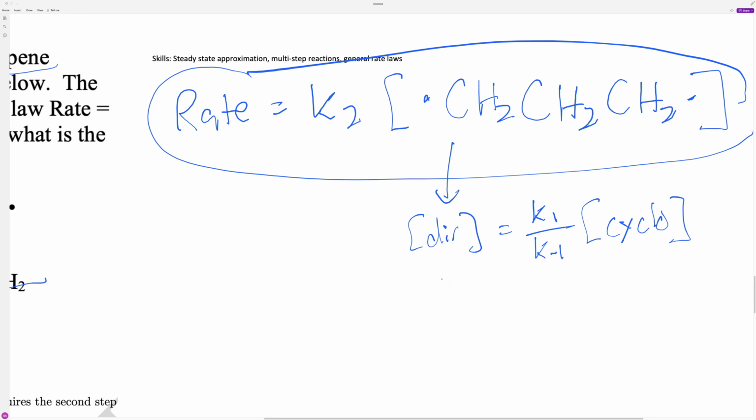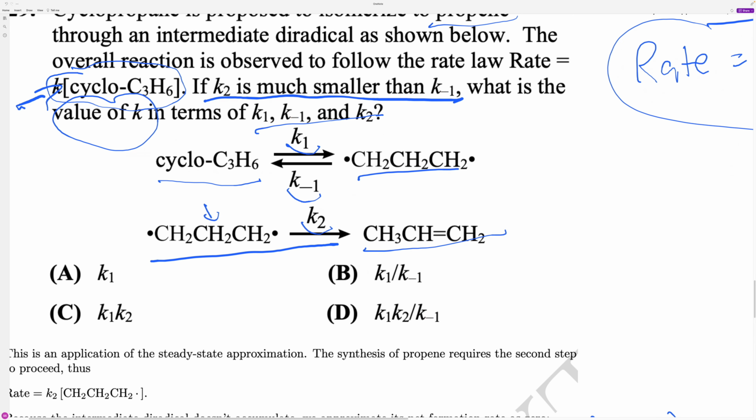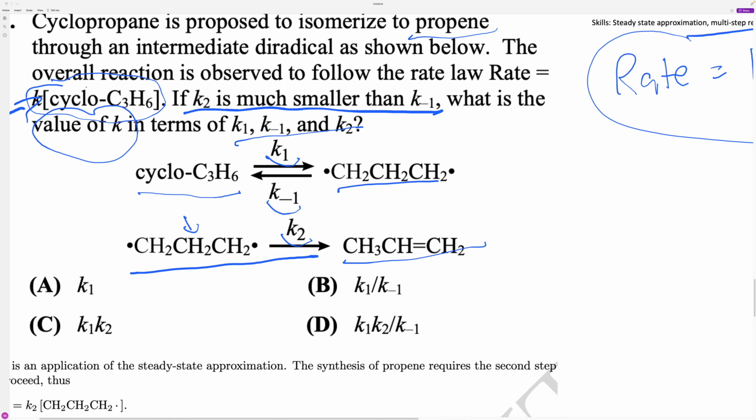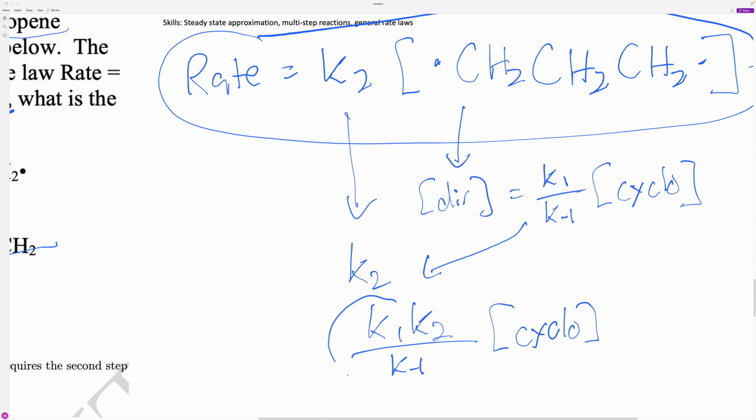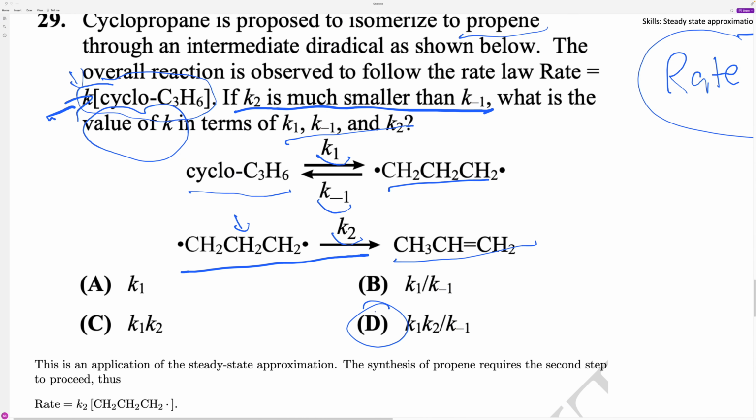And multiplying this by K2, dropping that down, we get K1 K2 over K-1 cyclo is our rate law. And if you notice here, that's the exact form here, except K is equal to this, which is K1 K2 over K-1, which is D.